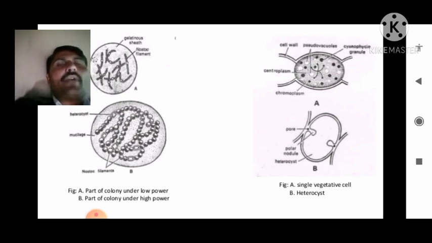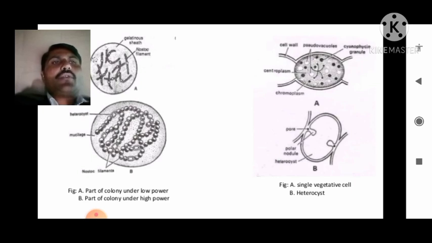On the right hand side, you can see the cell structure with the pseudovacuoles as well as the cyanophycin granule, the cell wall, centroplasm, and chromatoplasm, as well as the heterocyst. Heterocyst has a polar nodule, somewhat elevated, a tube-like structure which is grown on the inner side of the cell.